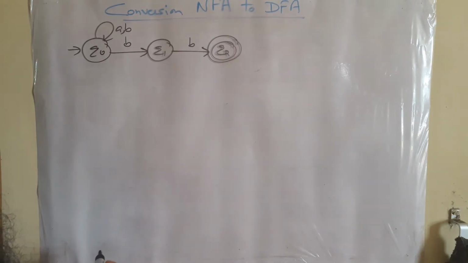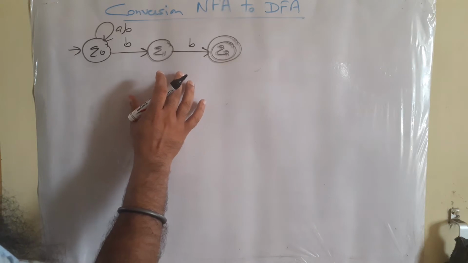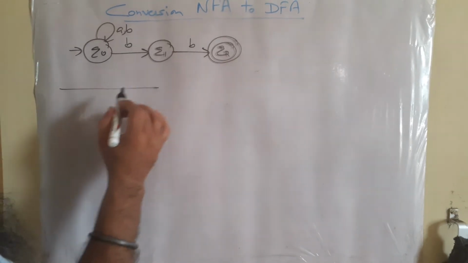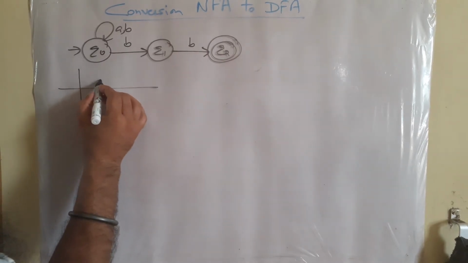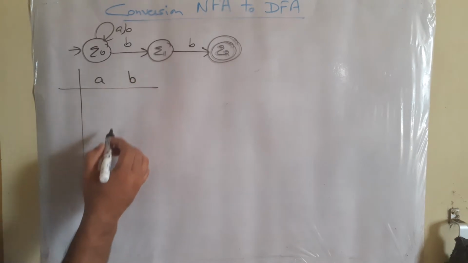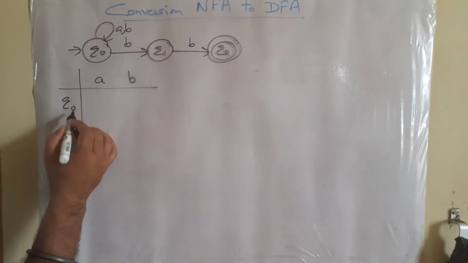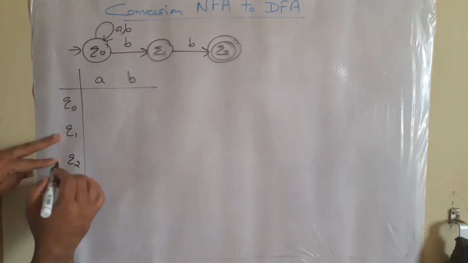Now as the first step, we have to draw the transition table for this diagram. We know there are two input symbols, A and B, and three states as per the given diagram.